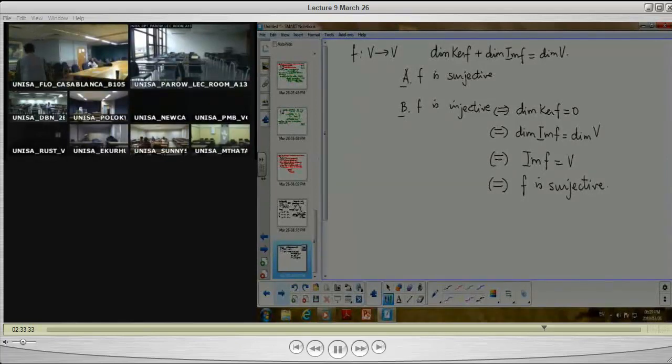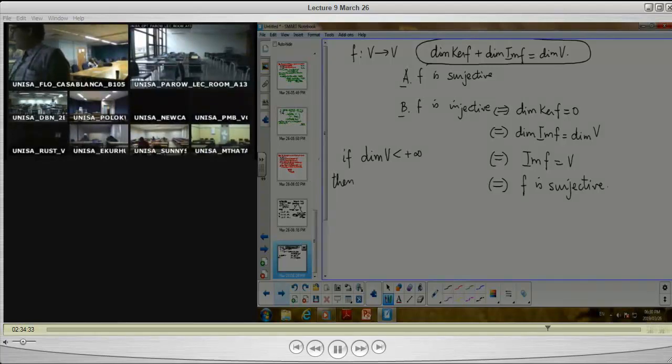So the statement is actually: if dimension is finite, then surjectivity, injectivity and bijectivity of a linear transformation are synonymous.